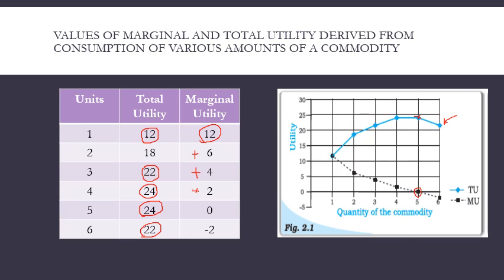So in this theory we can assume that the total utility will be at its maximum level when the marginal utility is 0, and the total utility will start to decline when the marginal utility is negative. So Alfred Marshall drew a theory from this known as diminishing marginal utility.